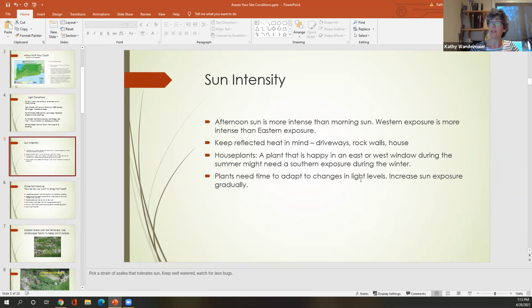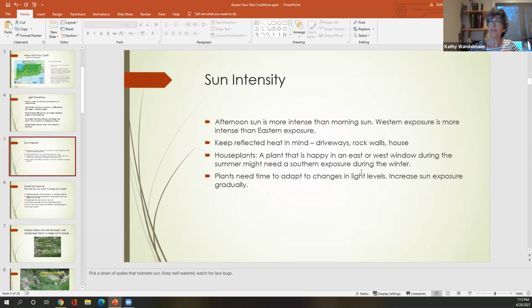So you may find that if you have plants along a driveway, they're going to need a little bit of extra water. I'll talk a minute about house plants and sun intensity. Where you put your house plants during the various times of the year is something you need to think about because of the way the sun hits the house and the angle of the sun.